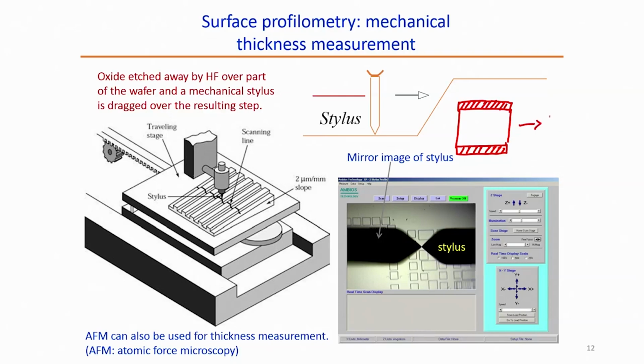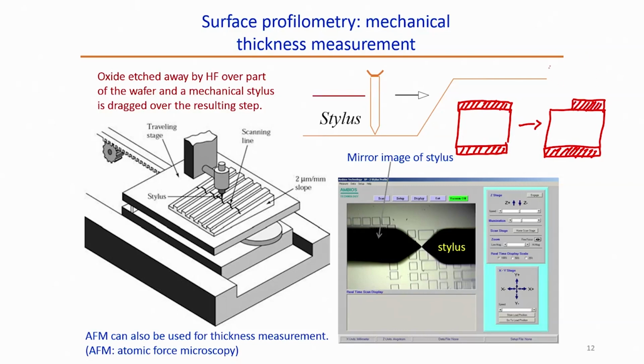Before we use the stylus, we have to create a step in the oxide using photolithography. I will teach you photolithography in the following lectures. Right now, just see that there is a step.